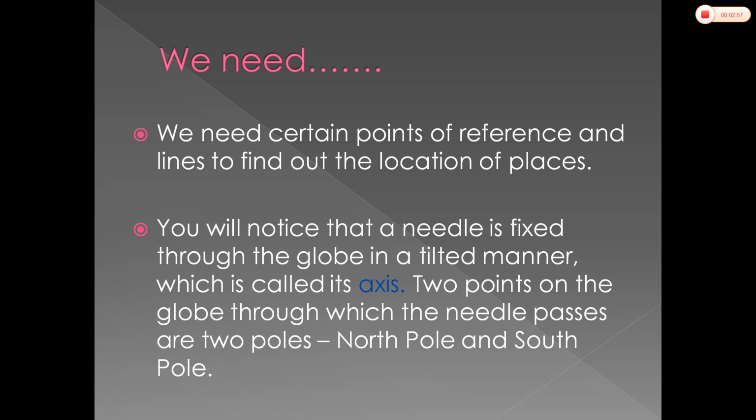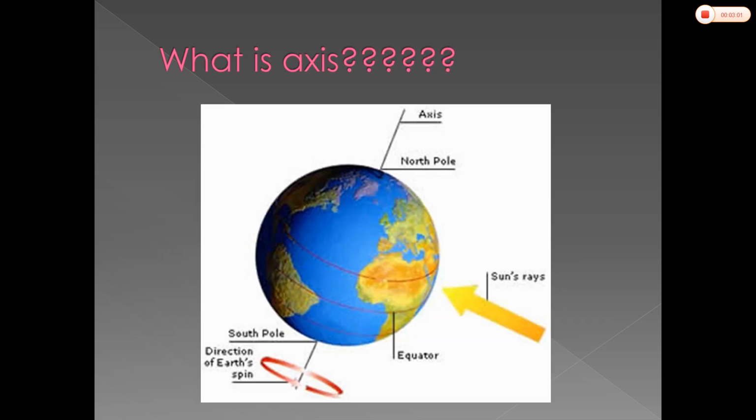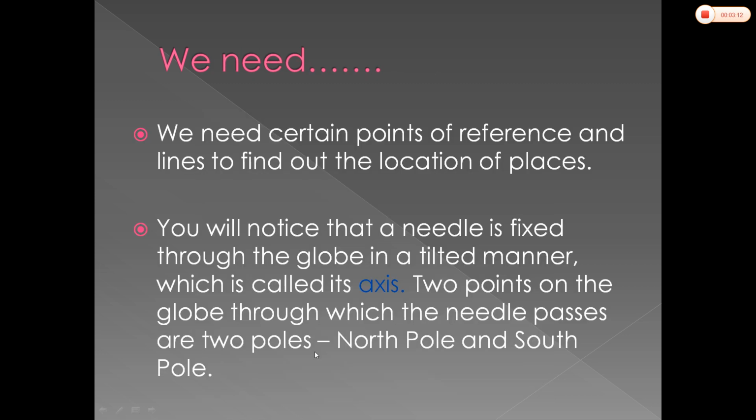So now you will notice that a needle is fixed through the globe. As you can see here, whenever you see a globe, there is a needle passing from the center of the earth like this. The needle is fixed through the globe in a tilted manner, which is called its axis.